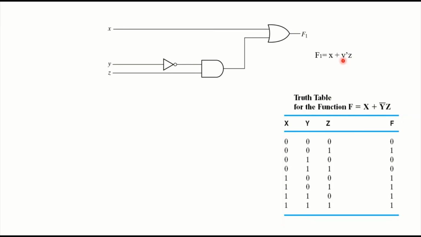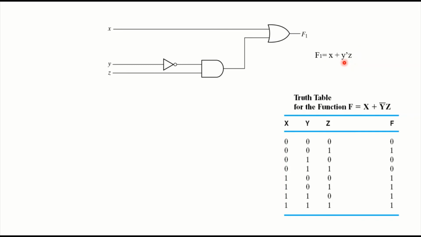Now for this term, if y equal to 0 and z equal to 1, y equal to 0 means y bar will be 1 and z will be 1. For this particular combination we will also get 1 at the output, whether x is 0 or 1.